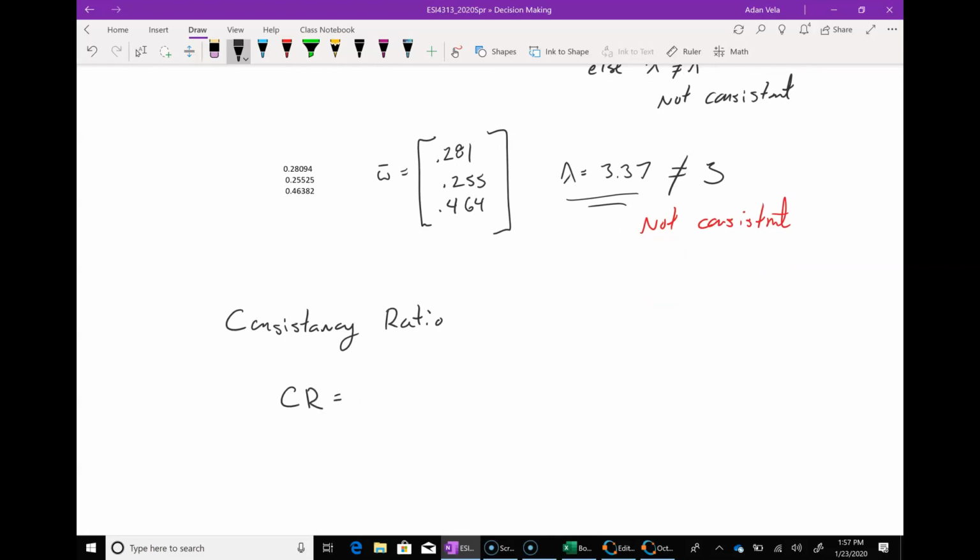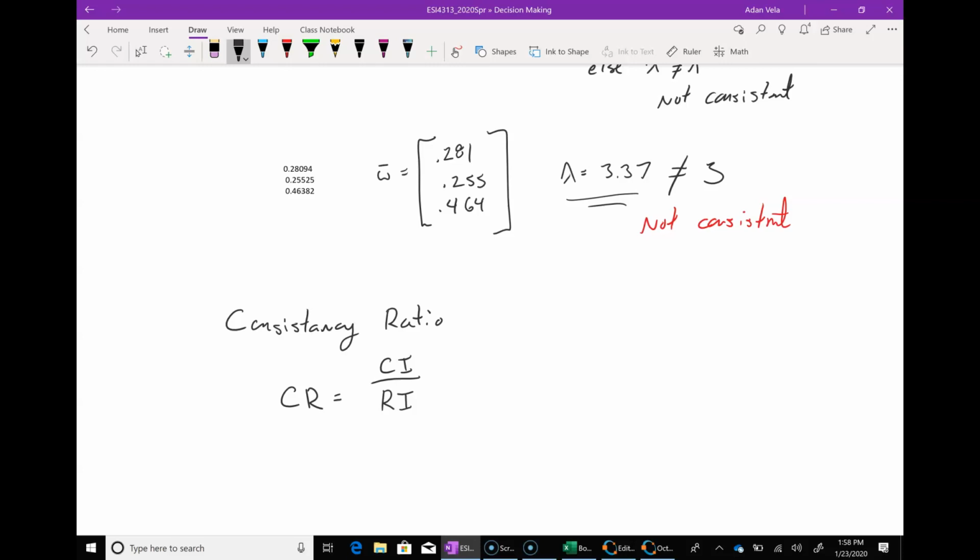That consistency ratio is given by the consistency index, which we call CI, and RI, which is the consistency of a random matrix.